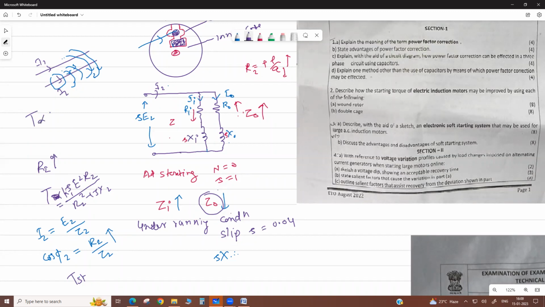Torque is directly proportional to I2 cos phi 2. So if you remember this power factor, you can also reason it out. This outer circuit has a high power factor.